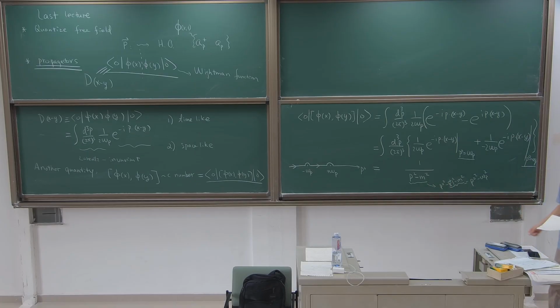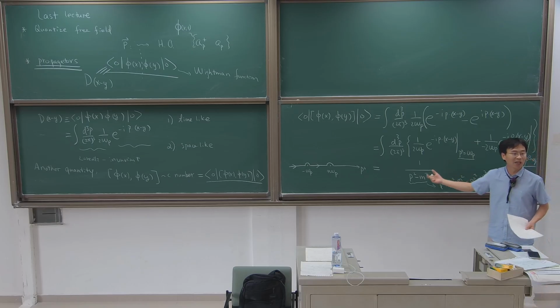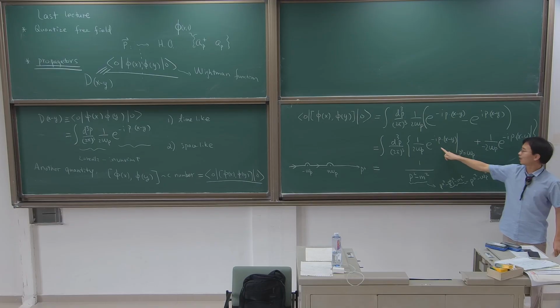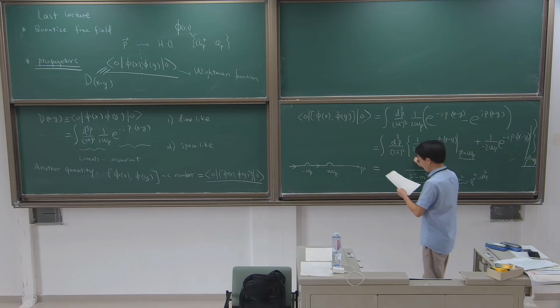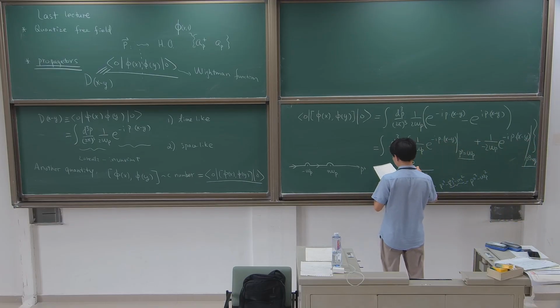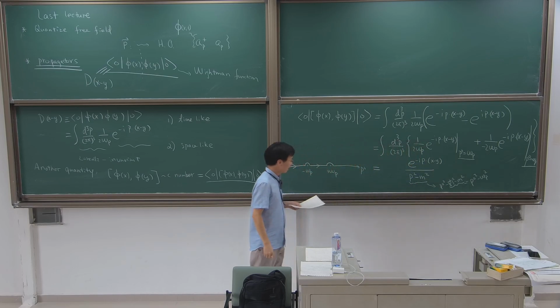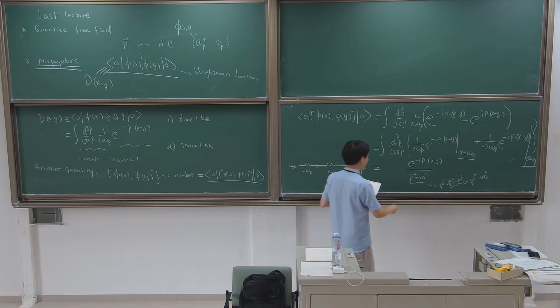Now, what is the remaining structure? The remaining structure should be associated with this remaining part, right? So a little bit of guess, it's not actually complicated. Then you realize that the integrand looks like this.